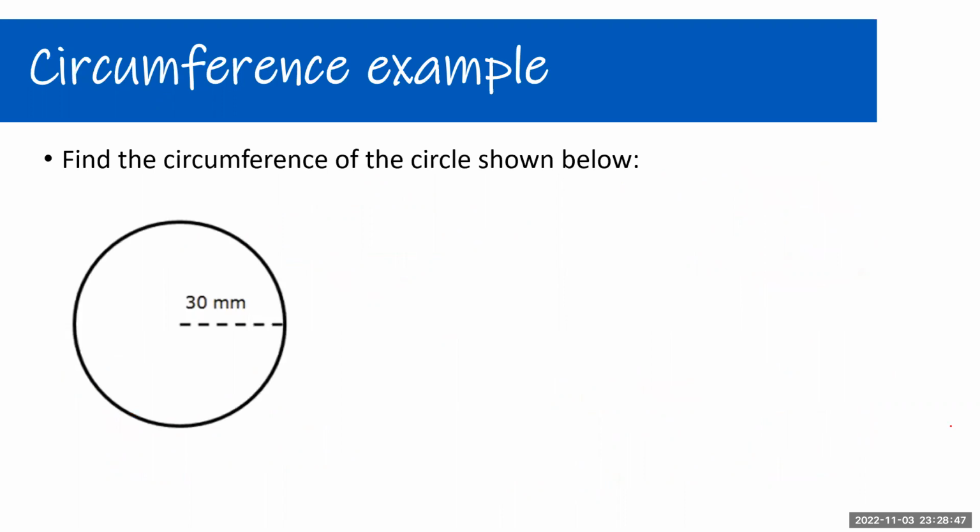Now, remember that the circumference is pi times your diameter, or 2 pi r. Give this one a try. We know that we have a circle, and we know that this is the radius. So our radius is 30 millimeters. So we're just going to plug it into the formula.